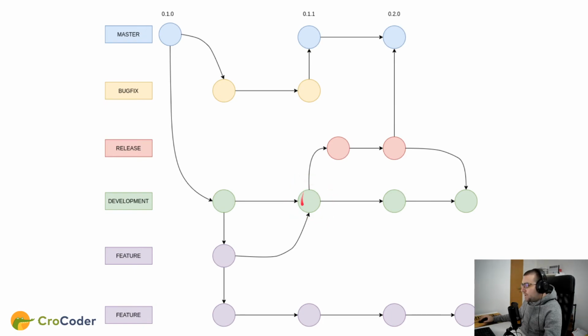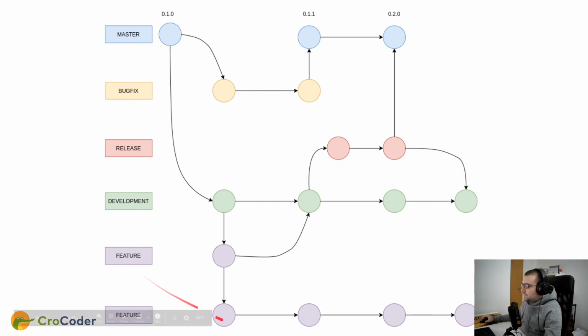Once the development branch is stable, it goes to release, you do some busy work there and push it to 0.2.0 version of our master now. And everything that's in the same branch is actually pushed to the next version. So this bug fix here is pushed to our version 0.2.0 without any problem.